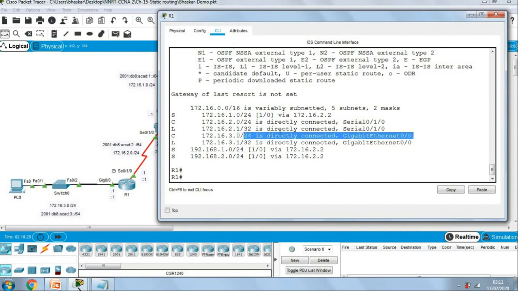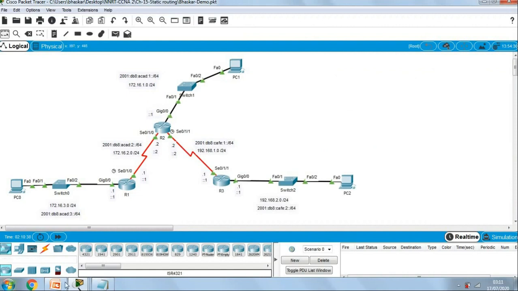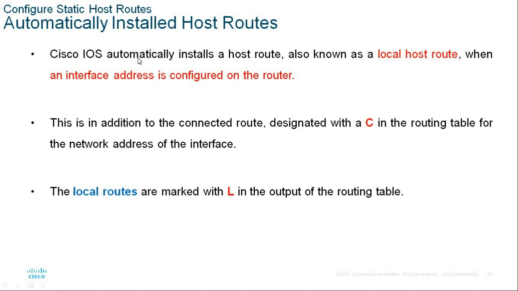This is the local interface, and this entry is automatically added. So the codes C and L all come under automatically installed directly connected networks. See, the symbol C means directly connected, and L means local routes. These come under automatically installed host routes in the router.